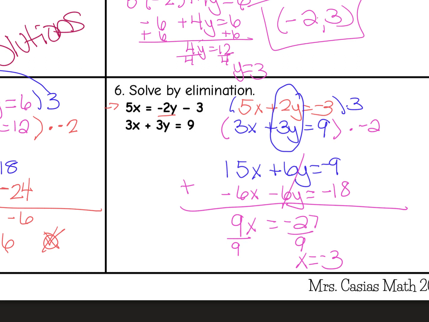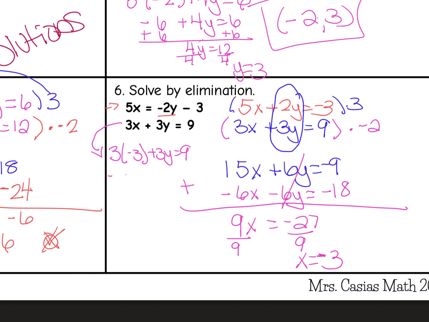Now I have half of the ordered pair to my solution. I'm going to go back up into one of these equations, and wherever there is an x, I'm going to plug in a negative 3. I guess I'll just go ahead and take this second one. So I have 3 times negative 3, plus 3y equals 9.